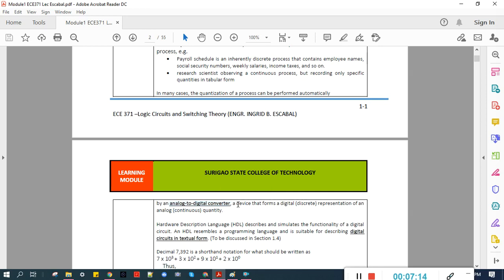From the definition, it is a device that forms a digital or discrete representation of an analog, which is a continuous quantity. So it converts the analog or continuous data into digital, which is discrete data.